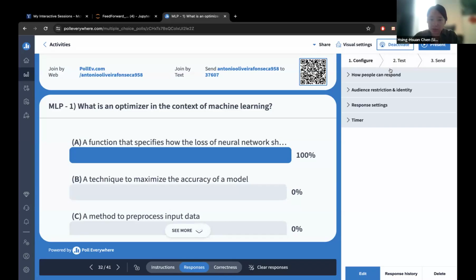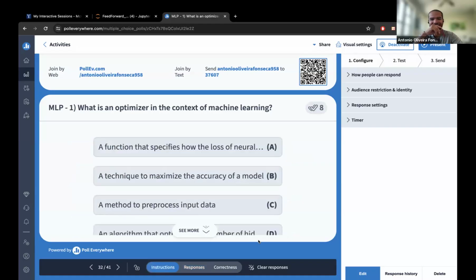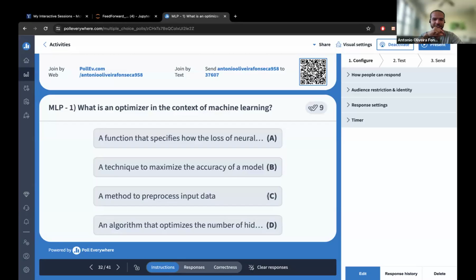Maybe refresh. Okay, fine. Oh my God, I just noticed that I was looking at the responses. I hope you guys didn't see that. I don't want any bias to be created.